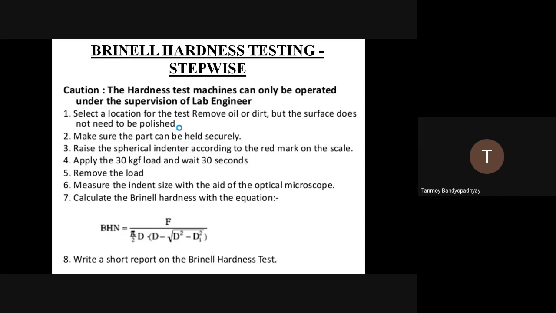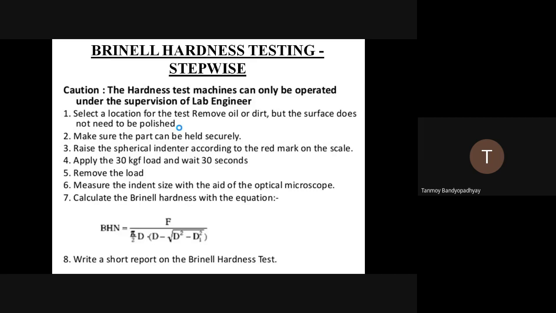The first, very basic thing is that you have to remove all the dirt, oil, and everything. If there are any coatings, everything has to be removed. Next, you have to ensure that the parts are held very securely, as I was saying, because you are applying the load perpendicular to the specimen.